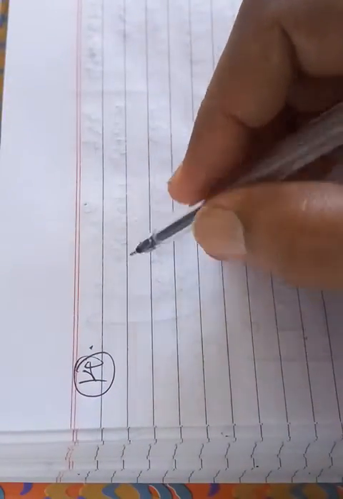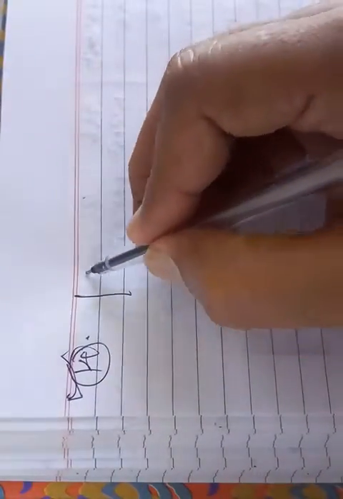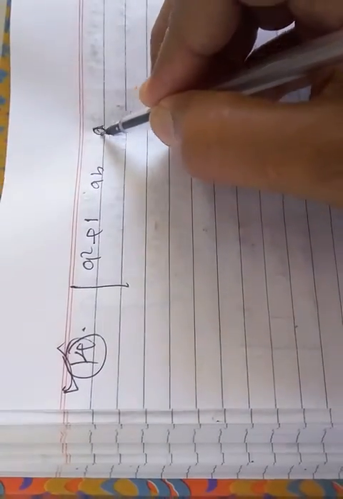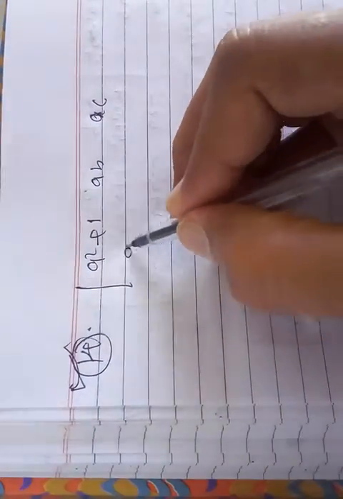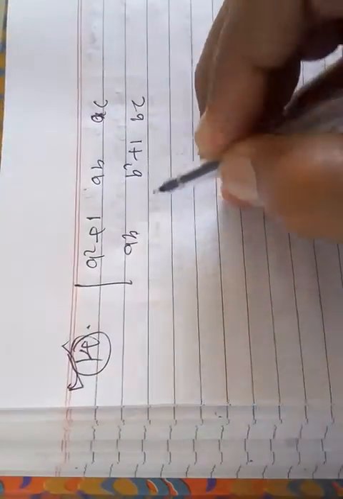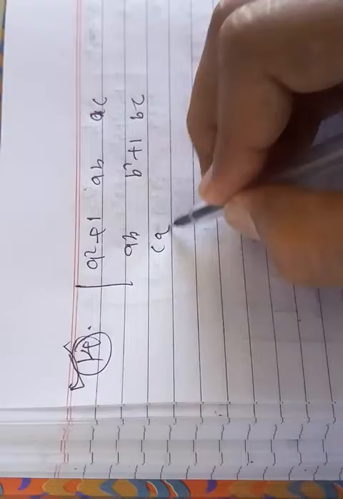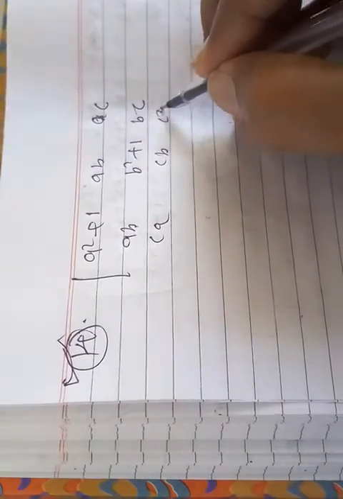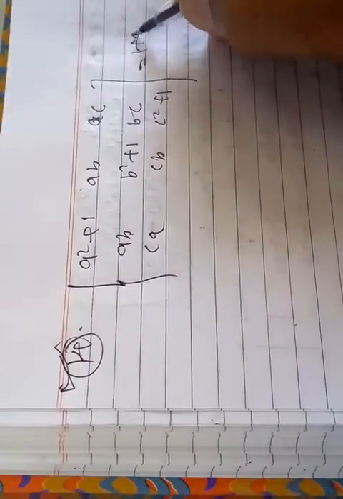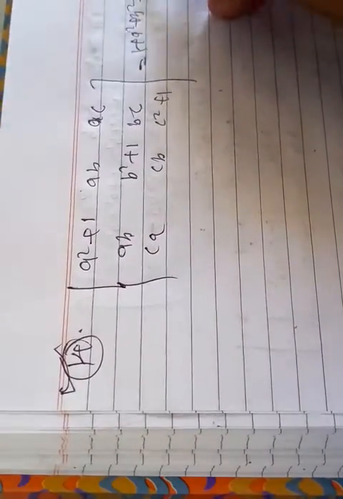Next question number 14, important question. It's a tough question, but only a simple question. So the determinant is a square plus 1, ab, ac; ab, b square plus 1, bc; ca, cb, c square plus 1, which equals 1 plus a square plus b square plus c square.